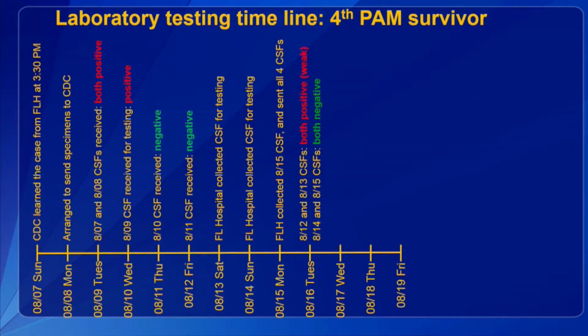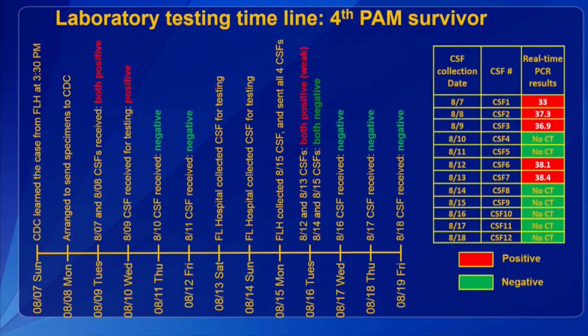But the next 2 were negative. In fact, the remaining 3 were also negative. And so this is the summary of the PCR. So first 3 were positive, then 2 were negative, and then again 2 came back positive, and then remaining 5 were negative. And at that point, they stopped collecting CSF.